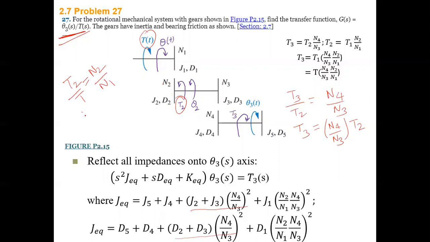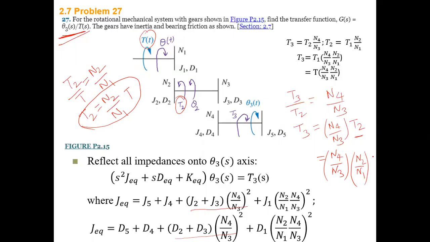So T2 is N2 over N1 times T. Now your N4 over N3 is there, then you can plug in your T2. T2 is this guy here, which is N2 over N1 times T1, or simply T.